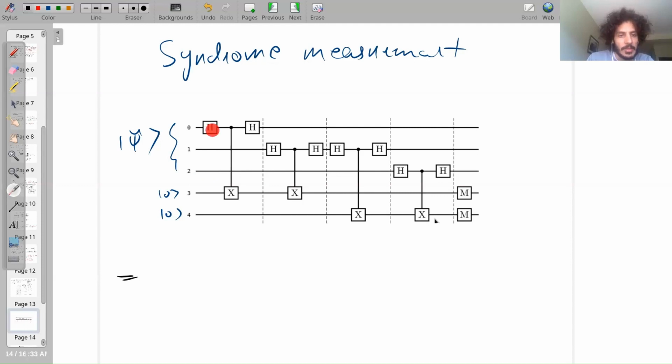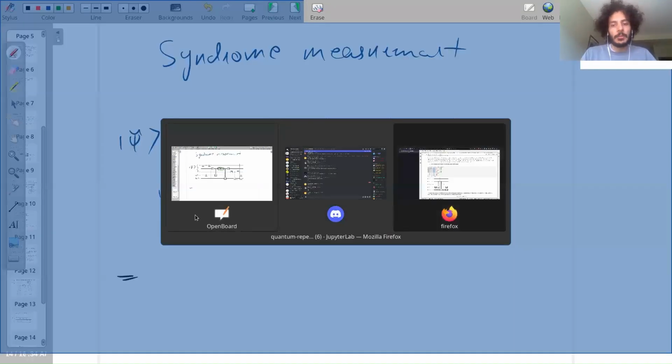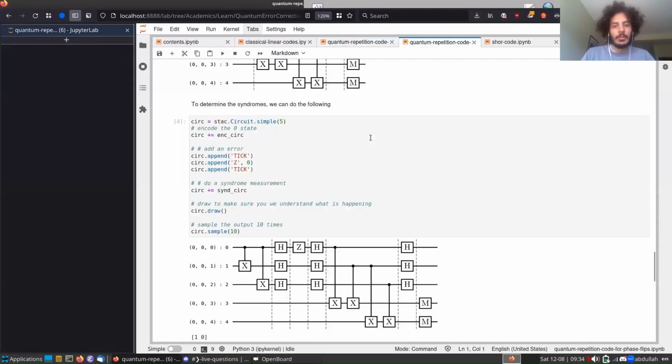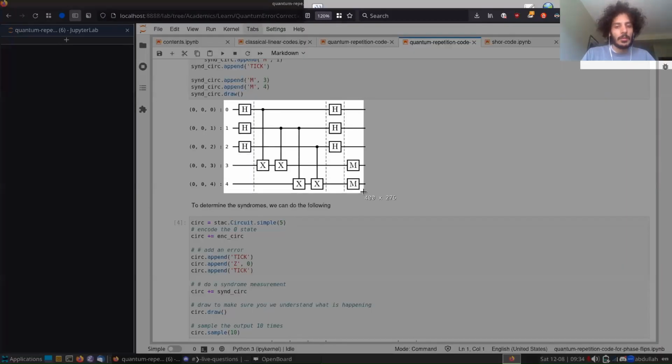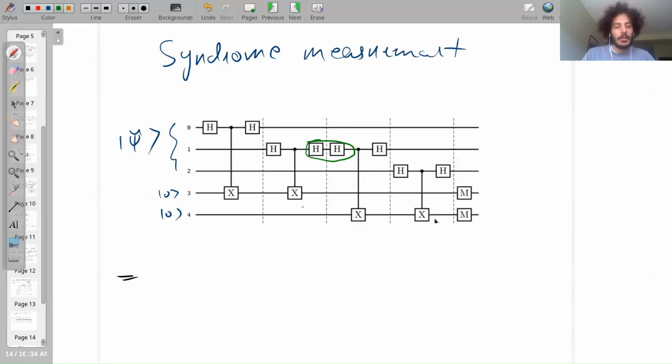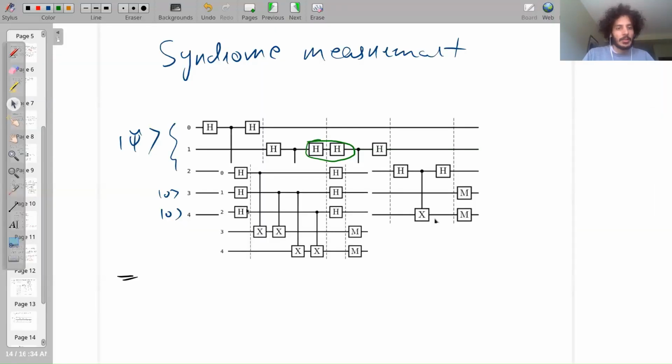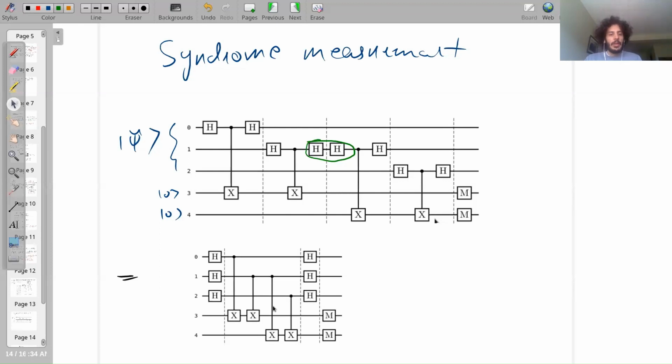So I have 3 Hadamards at the start, this guy, this guy, this guy. I have 3 Hadamards right at the end. It's these guys. And look at these guys. This is an identity, right? So basically, what I end up getting is something like this, right?